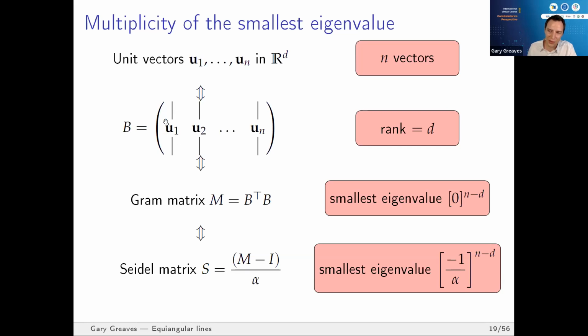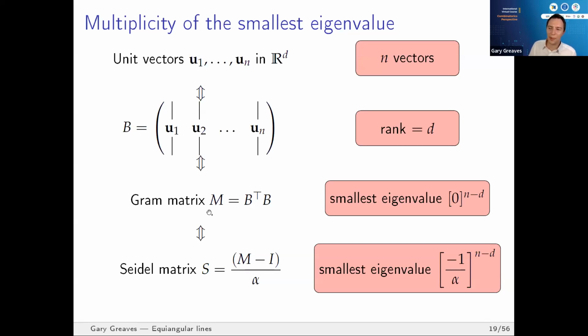Imagine I have column vectors u_i, and the transpose gives me row vectors for my u_i, and B has column vectors for u_i. When I multiply this together, I'm multiplying my row vector with my column vector, and that's precisely giving me inner products of these vectors. So that's how you can see this.